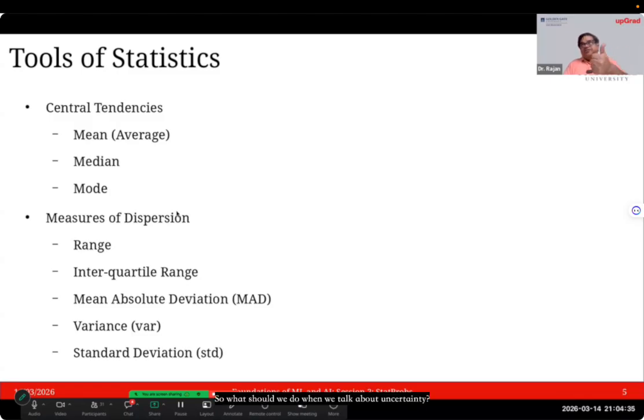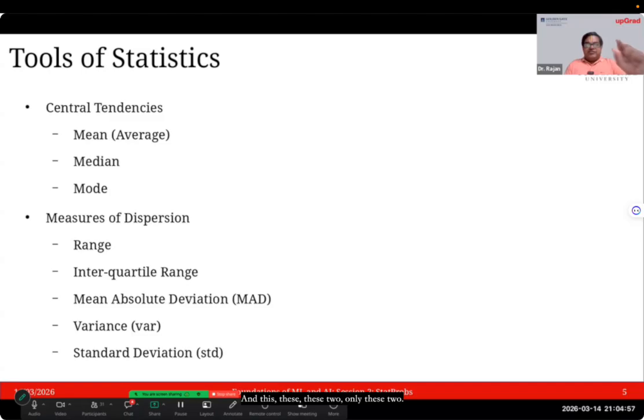So what should we do when we talk about uncertainty? Because a single number is not a good answer, because a single answer does not exist, then we have to give the central tendency and also a measure of dispersion. Both of these have to be given so that we get an answer.